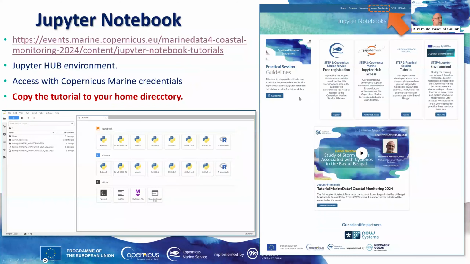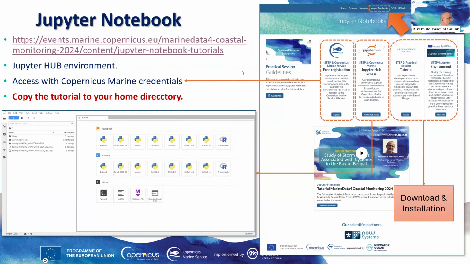Well, as Kyle said before, there is a tag in the webpage of the course where you can access the Jupyter contents. In this Jupyter contents, you will find different buttons where you can access the contents. Here, for example, you can access the Jupyter Hub platform that we provide to users to run the notebooks.